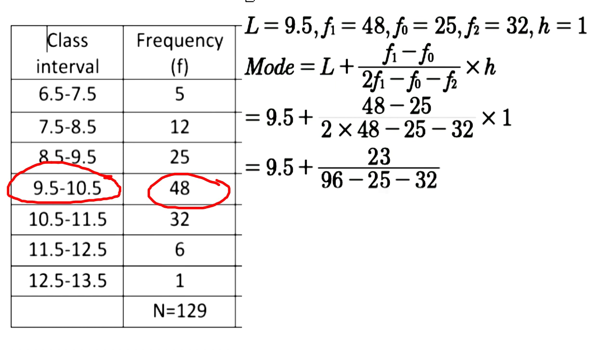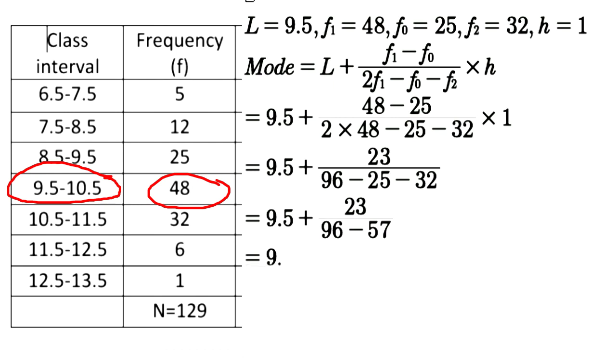Now this value is multiplied by 1, so it will give the same value. Now equal to 9.5 plus numerator value equal to 23, denominator value 96 minus 25 plus 32 equal to 57.